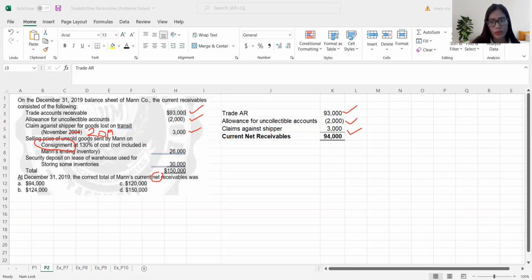So there's really no sale transaction na nangyari pag consignment kasi what happened is that binilin lang ni consignor ang goods niya kay consignee. So pag mabenta yun, of course magre-remit si consignee kay consignor for the amount that they have agreed.